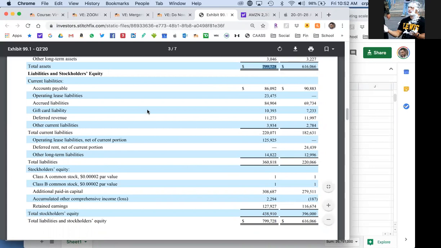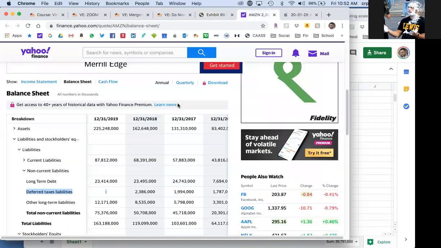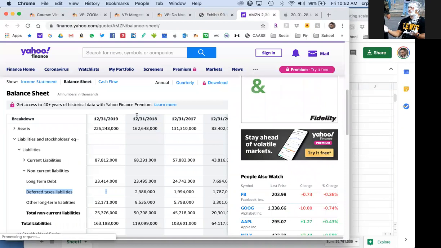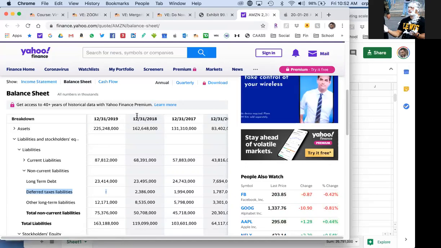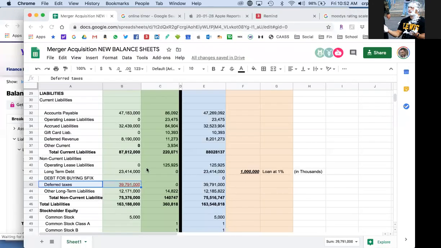On Yahoo Finance, the dash just really scares me because a few of the balance sheets have actually not been balanced, and it's very likely because of the dash in Yahoo Finance. I blame them. So be careful of that. Please be very careful of that.